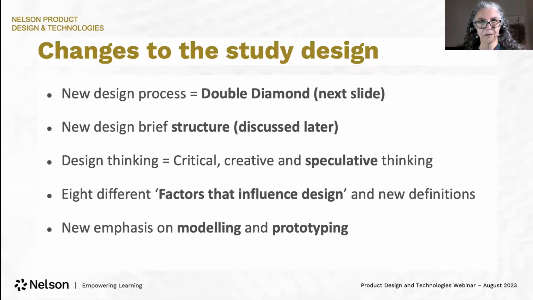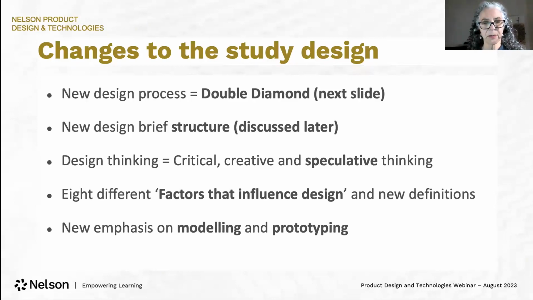It's quite different from the circular diagram that we're used to with the clear steps. This is a lot more interlinked and interchanging. We also have a new design brief structure, which we'll discuss in the next slide. And with the design thinking areas of critical and creative, we also have speculative thinking. That's also a new thing that we all have to get our heads around.